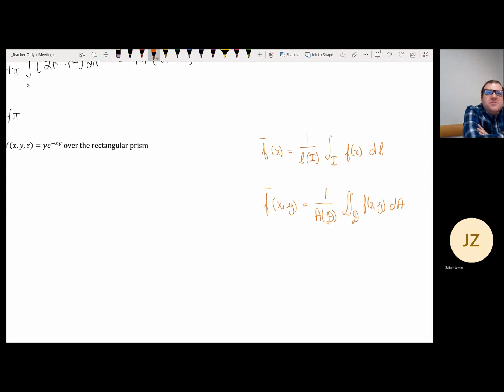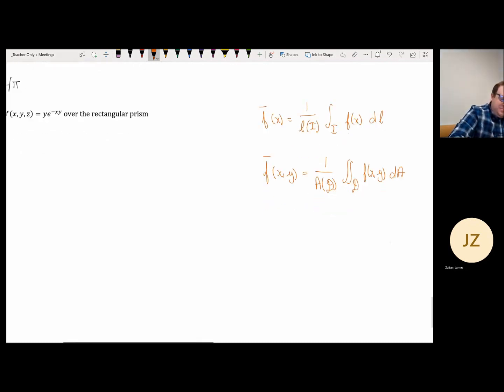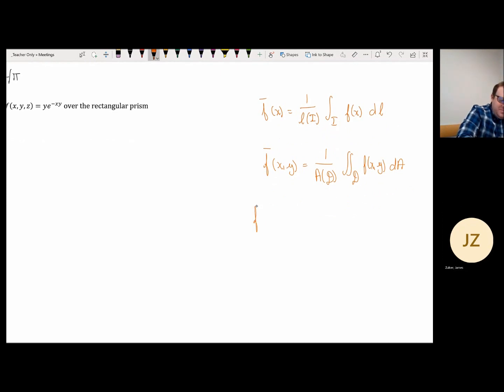For two variables, there was 1 over the area of the domain times the integral over the domain of the function dA, right? So what do we think the average value of a three-variable function is going to be?